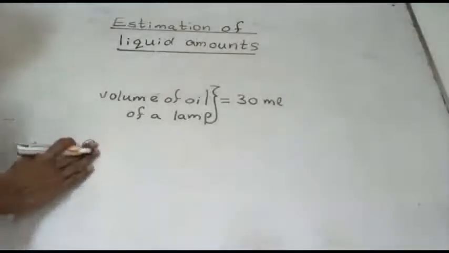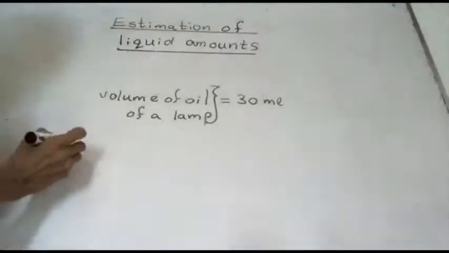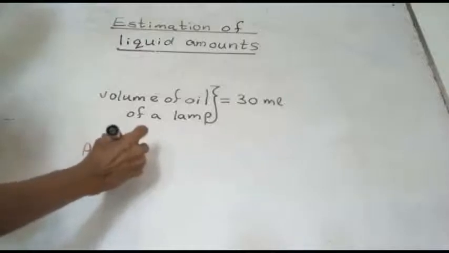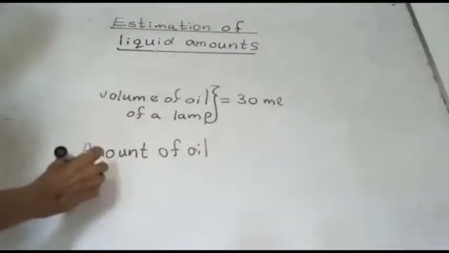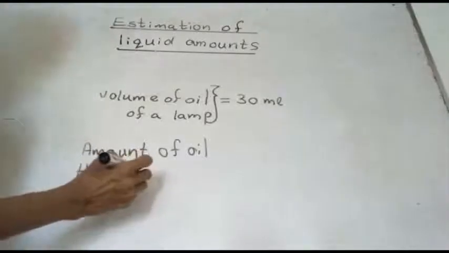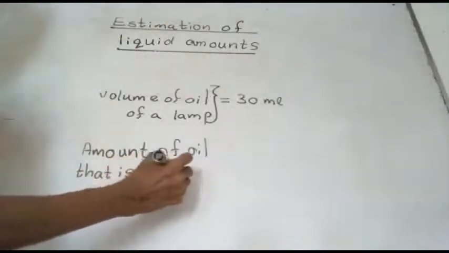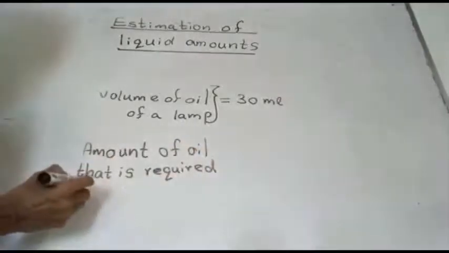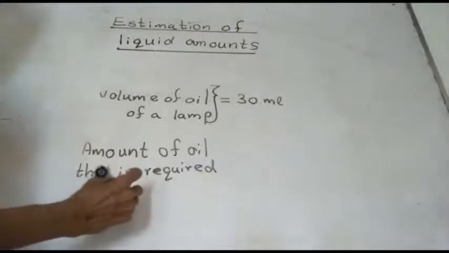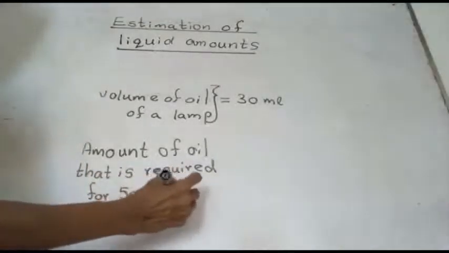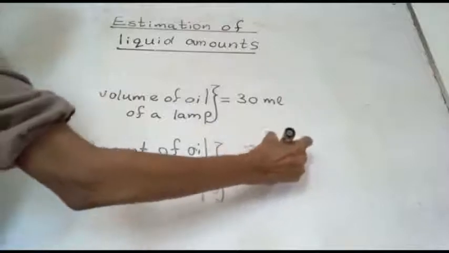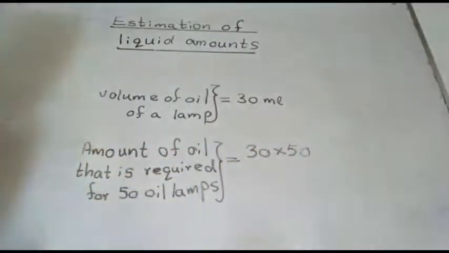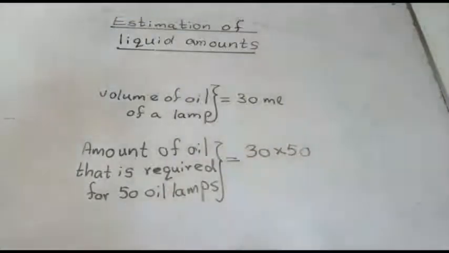Amount of oil that is required for 50 oil lamps is equal to 30 multiplied by 50. 30 times 50.